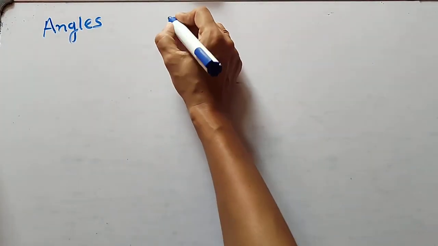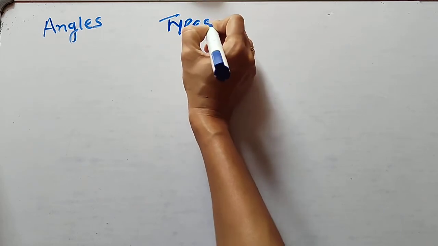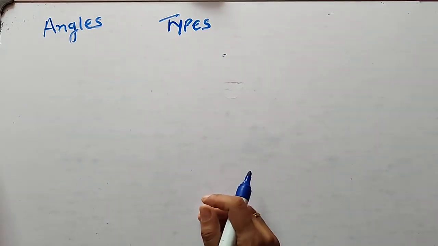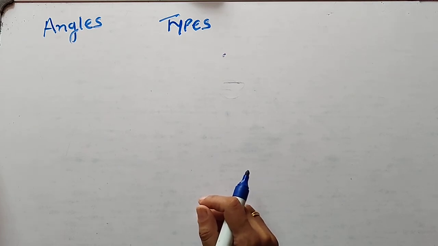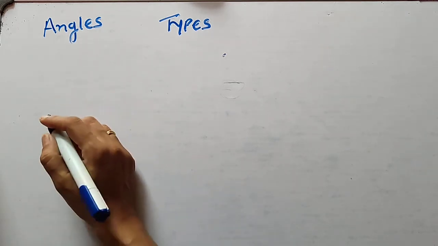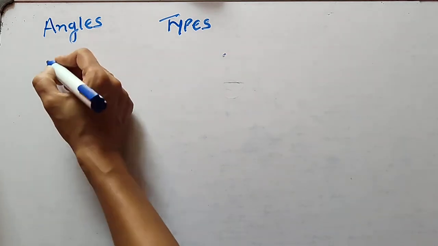Types of angles means here we get different types of angles: acute angle, obtuse angle, straight angle and complete angle. First we say right angle.